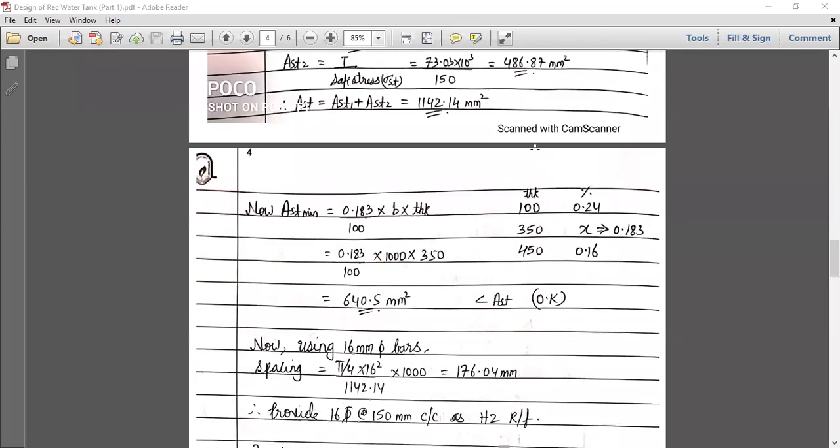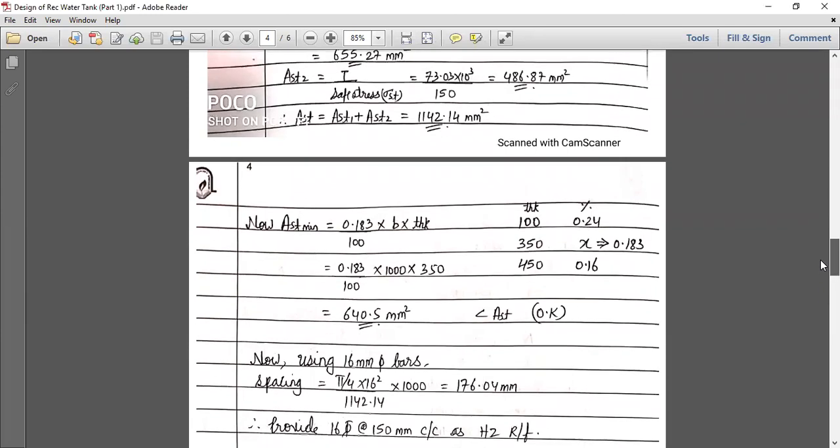Yes, AST minimum, anyone? 770. Okay, no problem. So which is less than AST required.